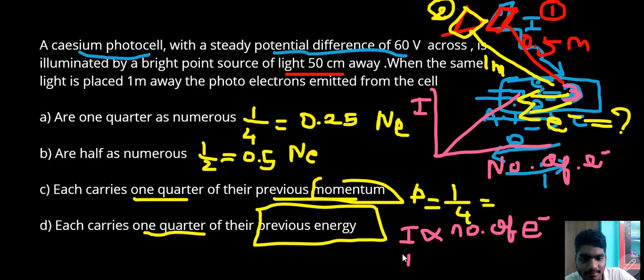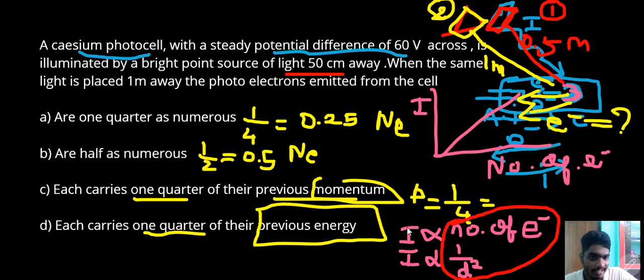Now the same intensity is inversely proportional to the square of the distance between the light source and where the light needs to reach. So we can write these two as directly proportional with the help of intensity. This is the first concept, and I'm using this concept to write the answer.